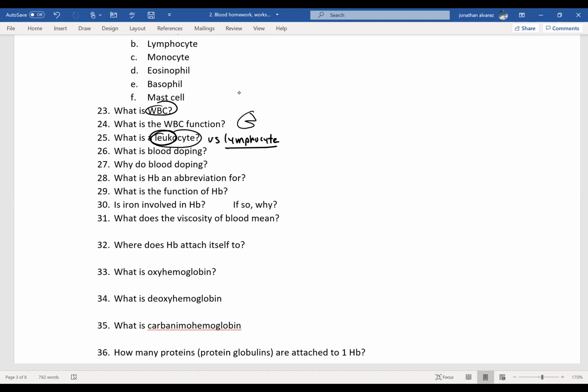Blood doping is where you take the blood out of your body and put it in a bag and refrigerate it. Because you now have less blood in your body, it is going to make more red blood cells.